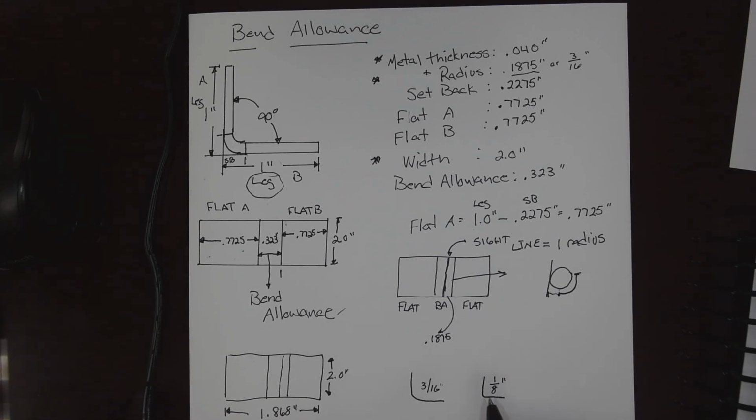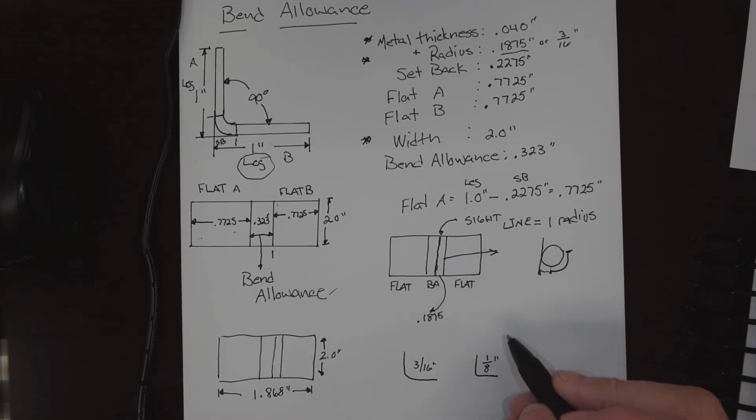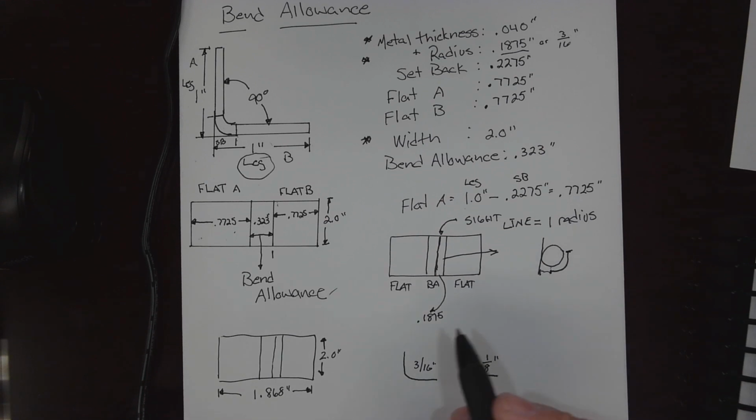I want to point this out. This piece of material, total layout, will be shorter than this piece. And I know that seems backwards, but here's the fact of the matter. It takes more material to go to a corner, stop, and take off if the corner is small.